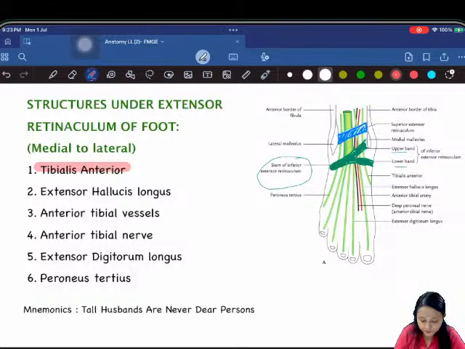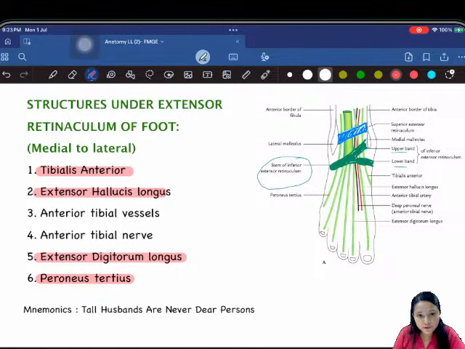Okay, you have extensor hallucis longus, and you have the extensor digitorum longus, and you also have the peroneus tertius. So those tendons will pass, and then you will have a nerve, that is the anterior tibial nerve, that is also known as the deep peroneal nerve, and you will have the anterior tibial artery and vein. Okay, so everything from the anterior compartment will pass below the extensor retinaculum.